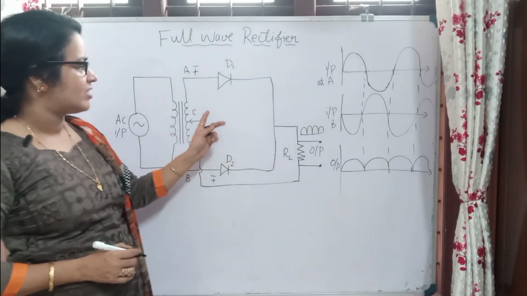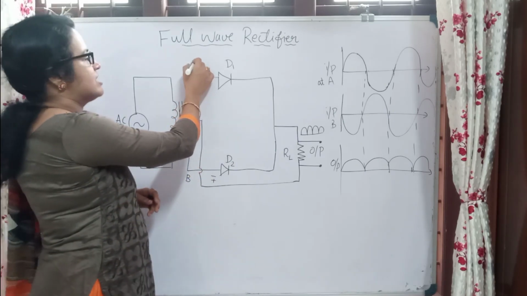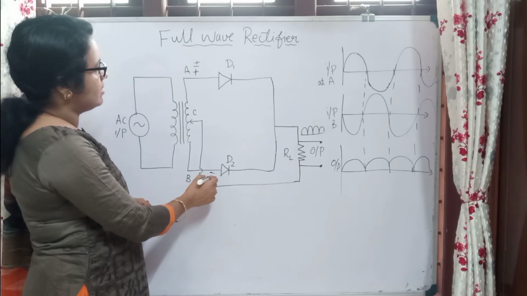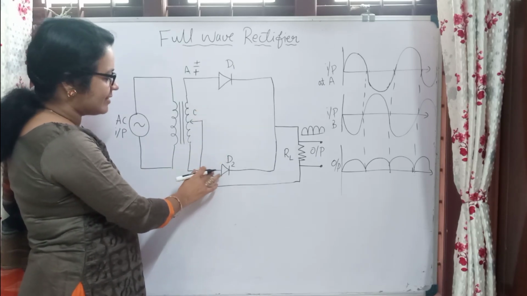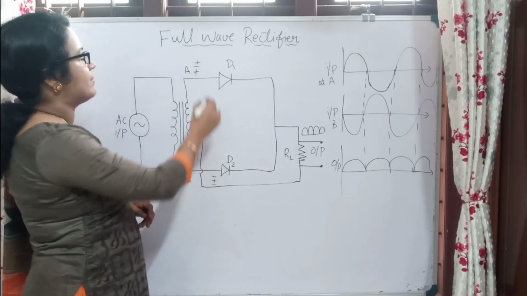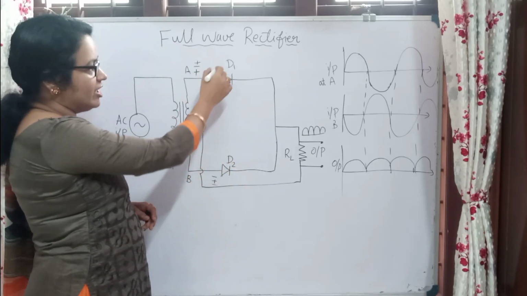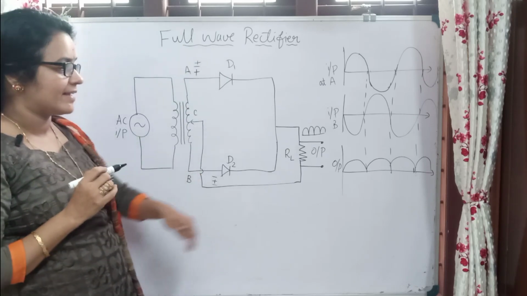In the third case, again this will be positive and this will be negative, so this will be forward biased and that will be reverse biased. So D1 conducts and D2 will not conduct. Like that we will get the output.